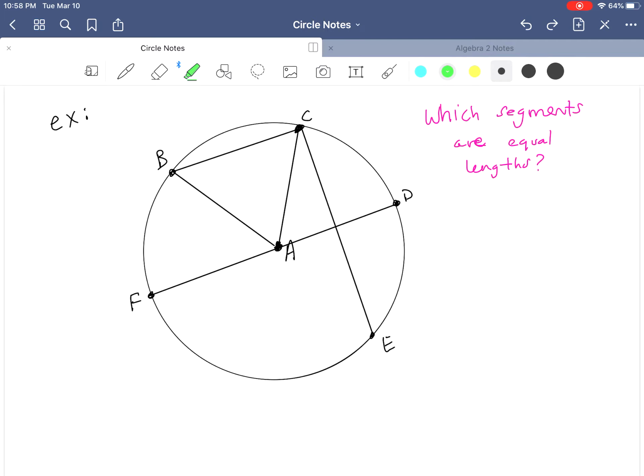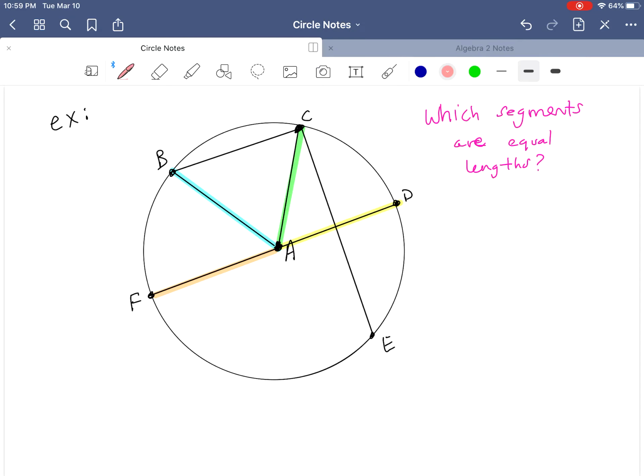So I see that there's a radius from A to C, okay, because remember, a radius goes from the center to the edge. I also know that I see A to B, so that's another radius. And then there's also a radius from A to D, as well as from A to F. So all 4 of those would have to be the same length because they start at the center and then they go to the edge of the circle.